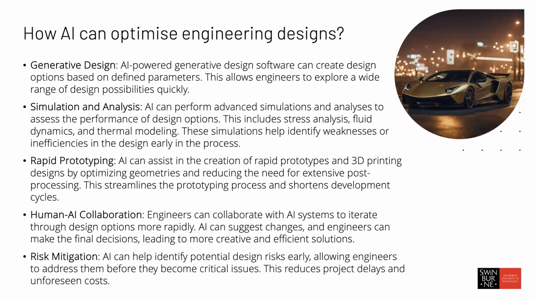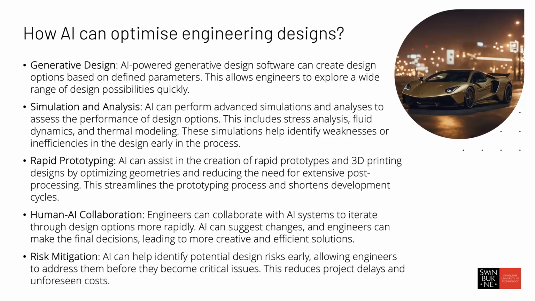Because of the improvement in natural language processing power, AI-powered generative design software can create different types of design options based on defined parameters. This allows engineers to create a wide range of design solutions.